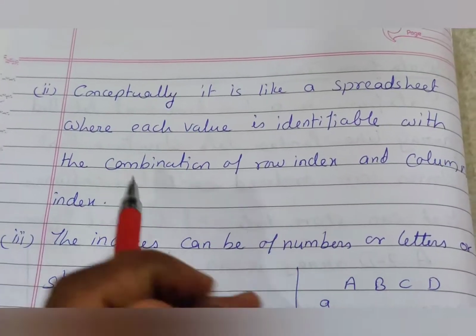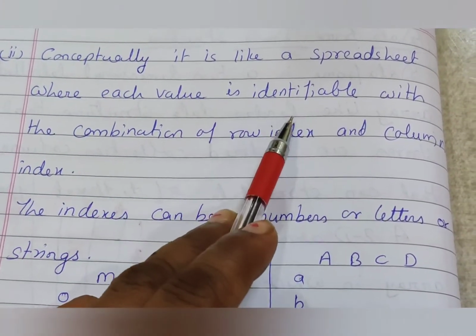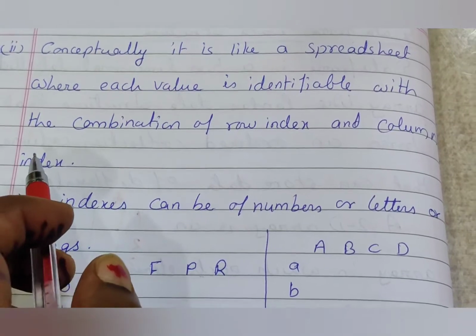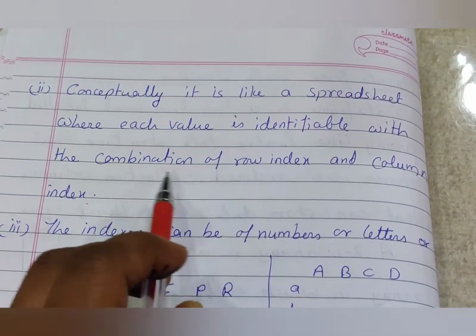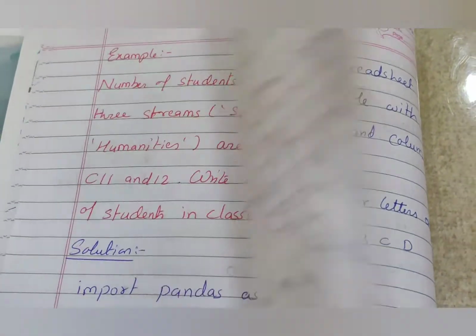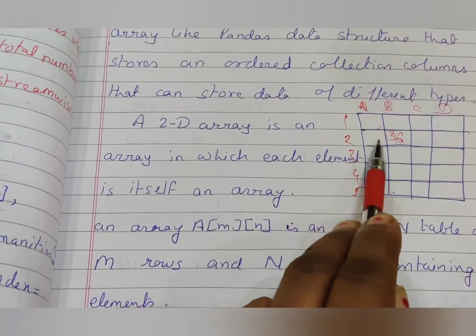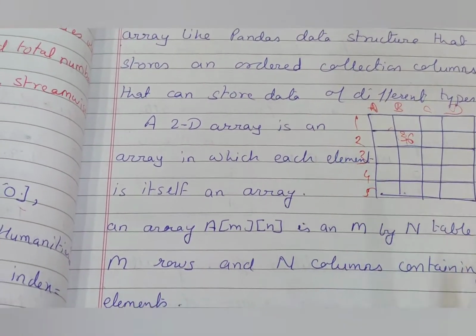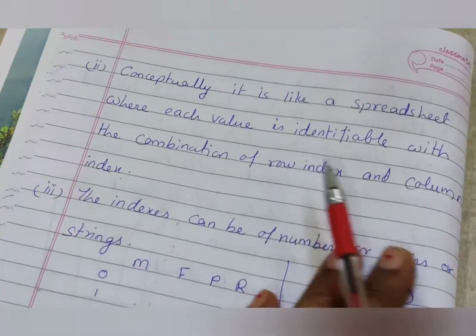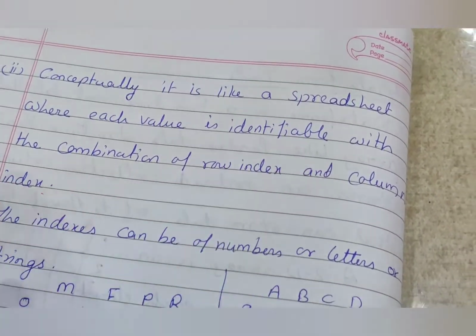Next, it is just like a spreadsheet where each value is identifiable with the combination of row index and column index. As I told you earlier, this is a data value and it can be addressed by row and column. A spreadsheet example is MS Excel.